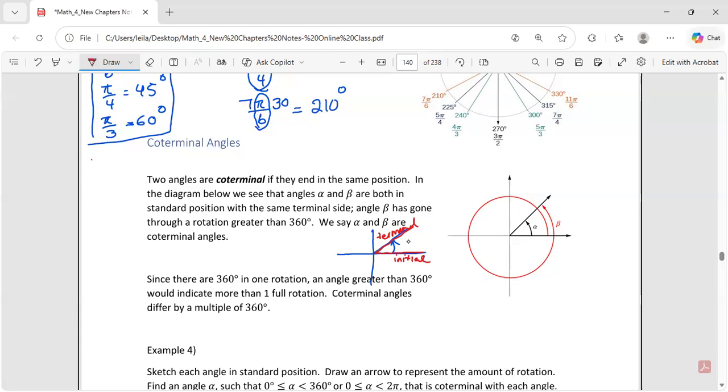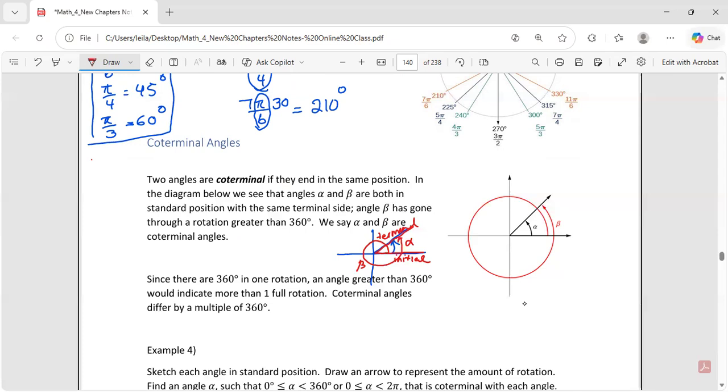If this angle is called alpha, I can find another angle that is coterminal with it. We can start with the same initial side, pass one full rotation, and then get back to the same terminal side. And this angle, which is past one rotation, is a coterminal angle with my angle. So usually, through rotation, you can find as many coterminal angles as you want for each angle.